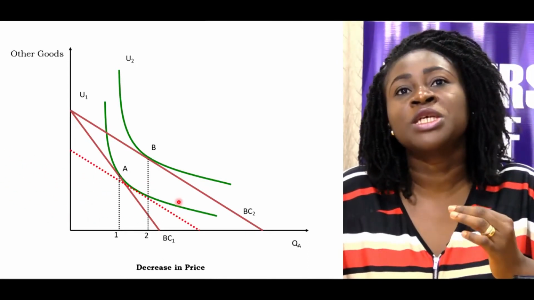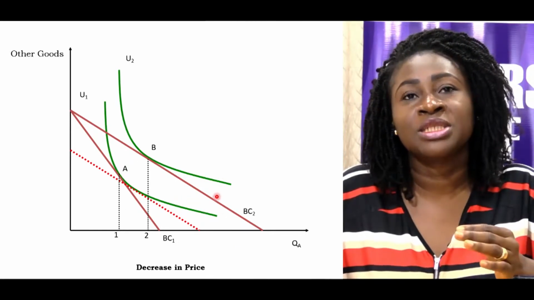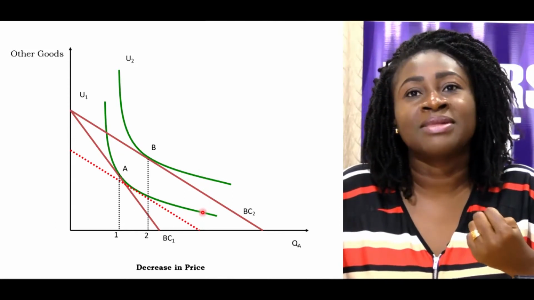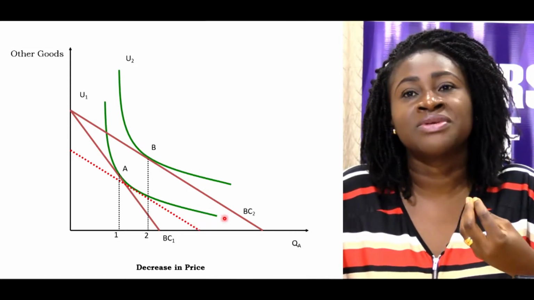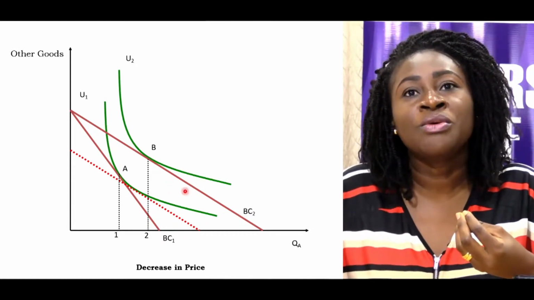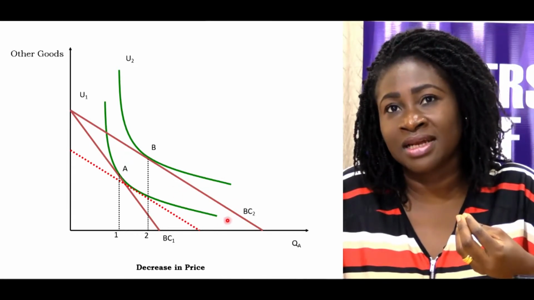For the substitution effect, prices have changed, but we want to tax away the excess income that the individual is gaining as a result of the decrease in price. So we use the new relative price ratio, which is the slope of the new budget line.